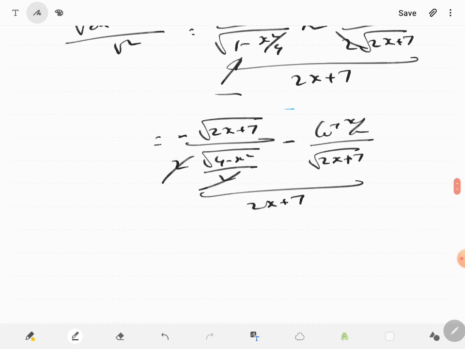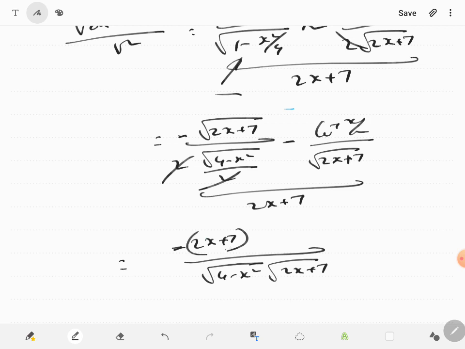So when you take LCM for the numerator, you will get by root of 4 minus x square into root of 2x plus 7. So this will become minus 2x plus 7, and this will become minus root of 4 minus x square into cos inverse of x by 2.